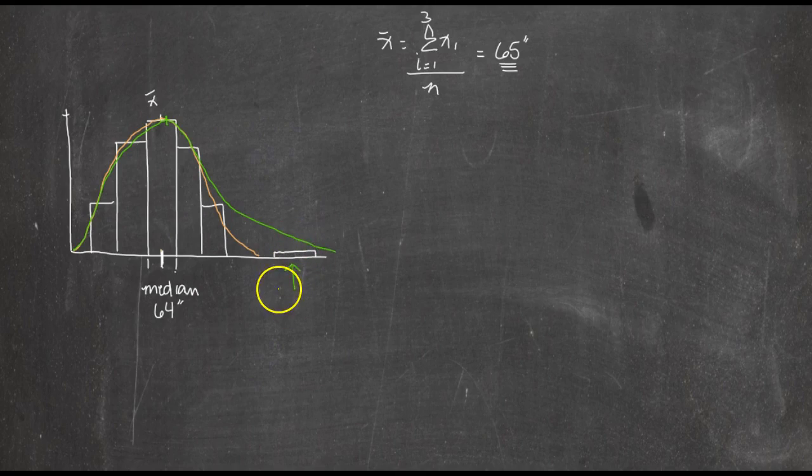Kobe in this case would be called an outlier. And outliers have a huge effect on the mean, but only a small effect, if any, on the median.